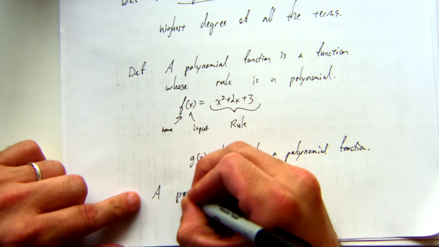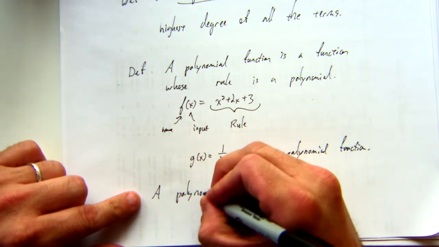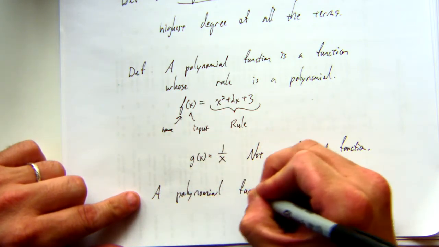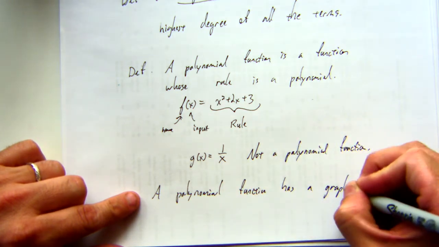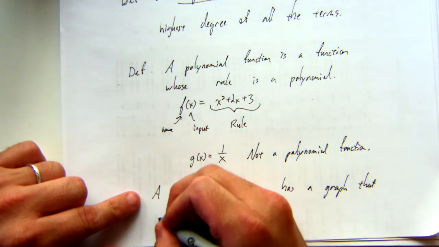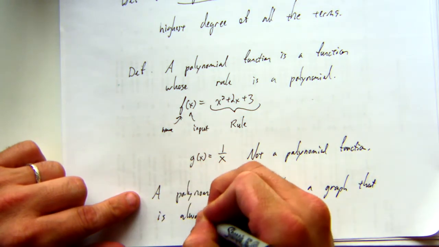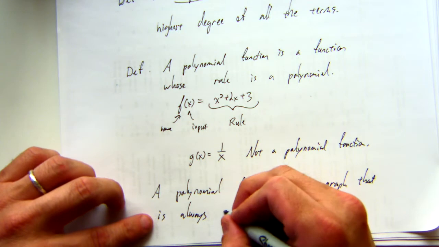A polynomial function has a graph that is always smooth.